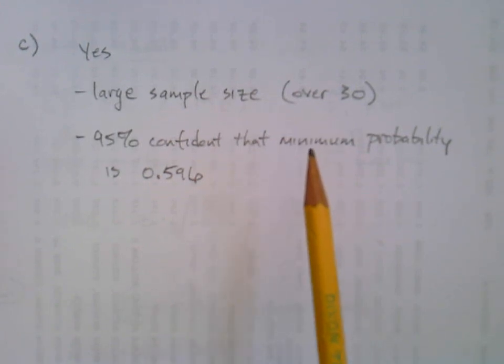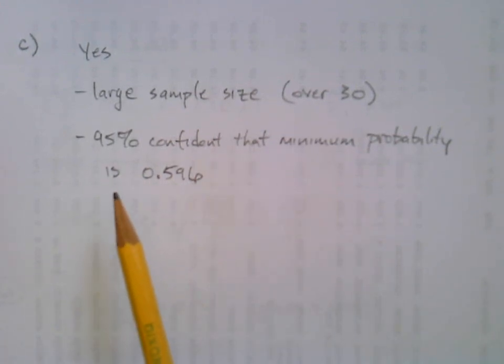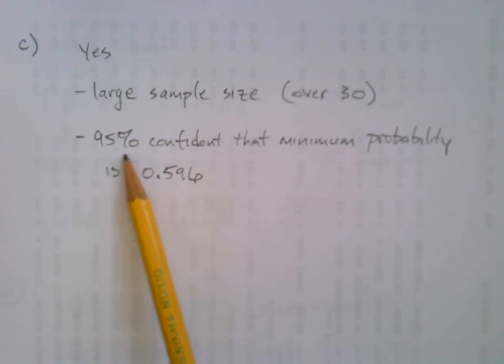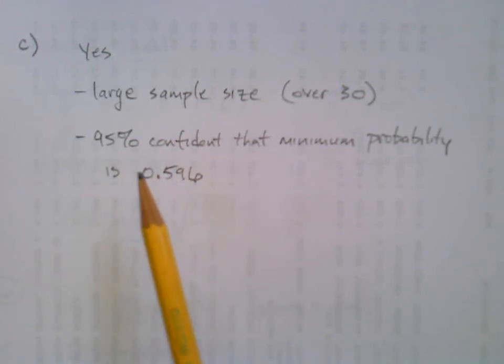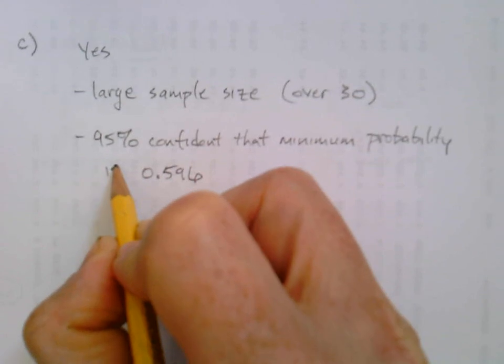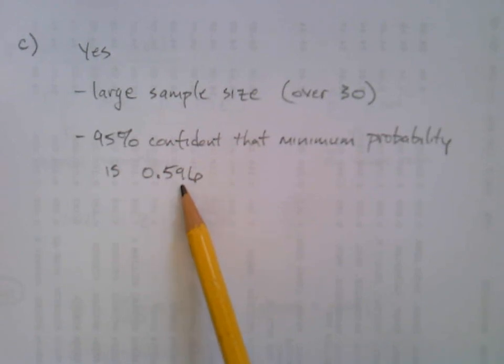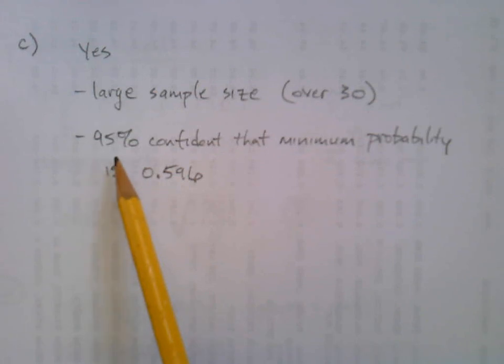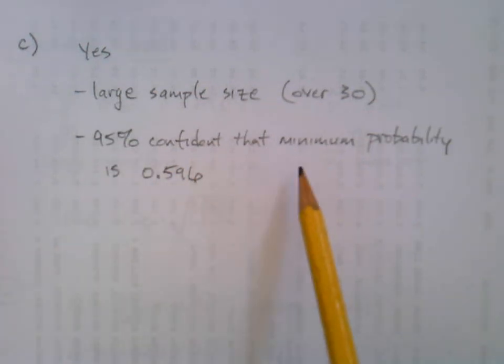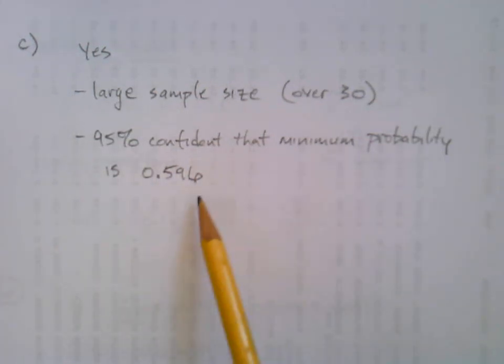And then to create their confidence interval, they were 95% confident, and even just looking a little bit deeper into that, the minimum of their confidence interval was 0.596. So they're 95% sure that the minimum probability is this, right?